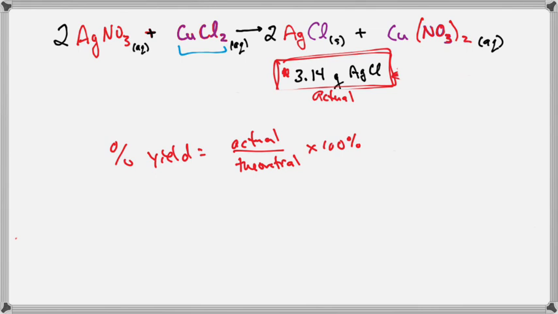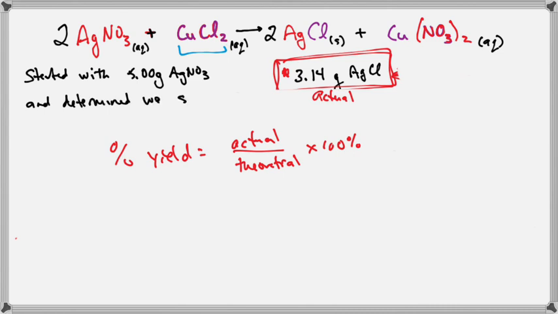If we're going to ask you a percent yield question, typically we'd say we started with 5.00 grams of silver nitrate and determined we should have made, looks like the mass will go down a little bit, so we'll call it 4.00 grams of silver chloride. What's the percent yield?